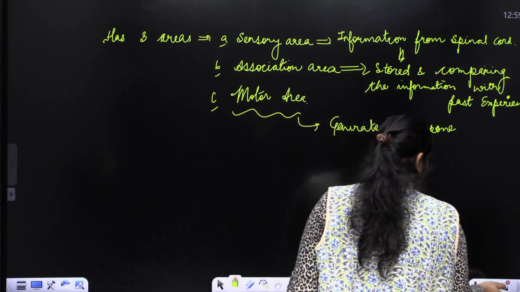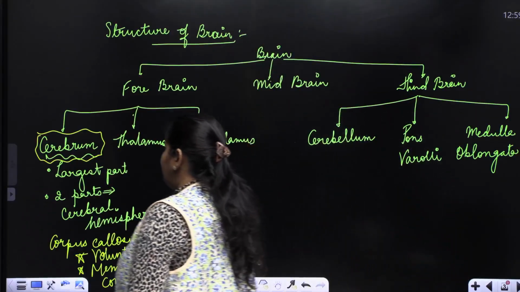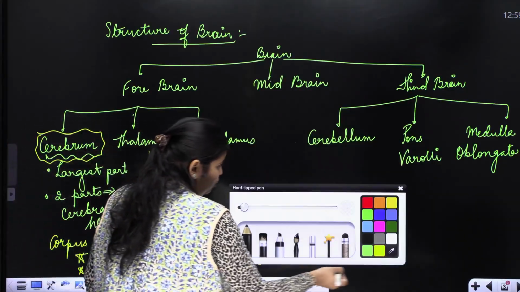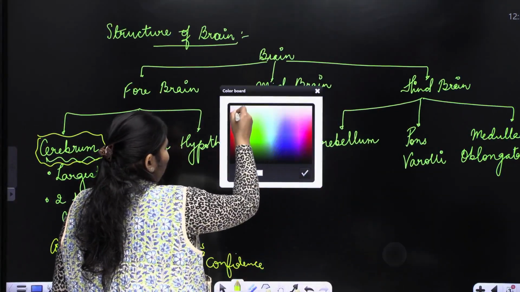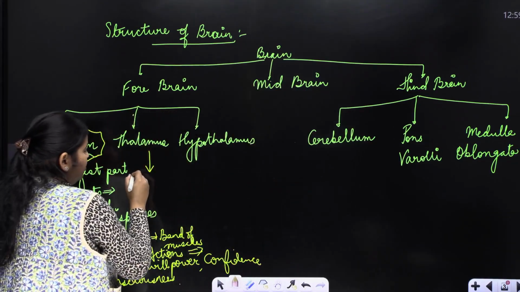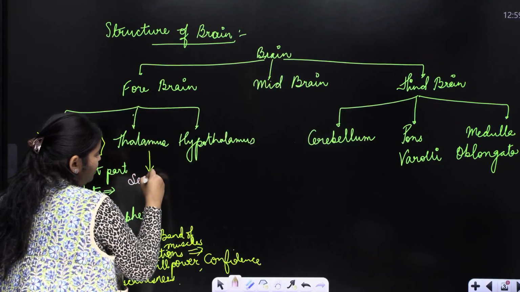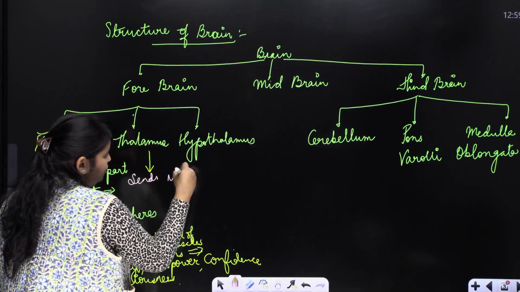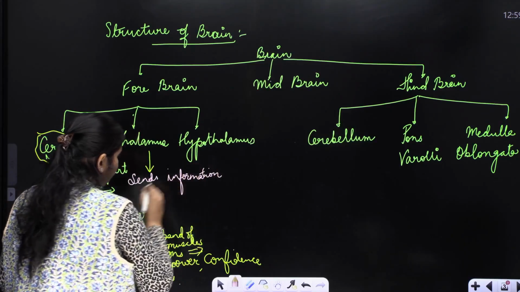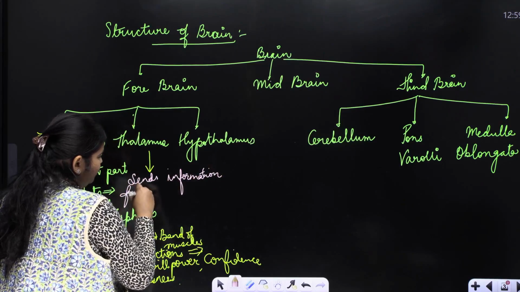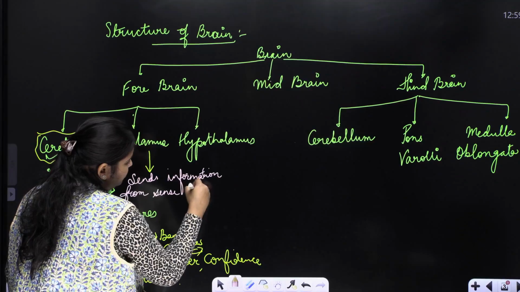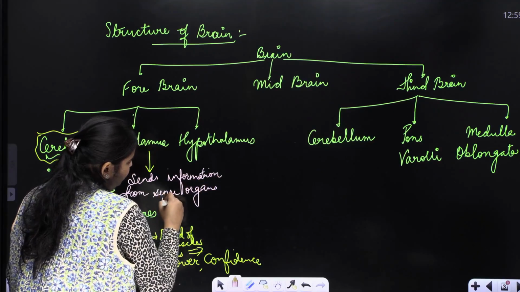So let's get back to the flow chart. So this is about the cerebrum. Now when I say thalamus, what is it doing? Thalamus sends information from sense organs to the brain.